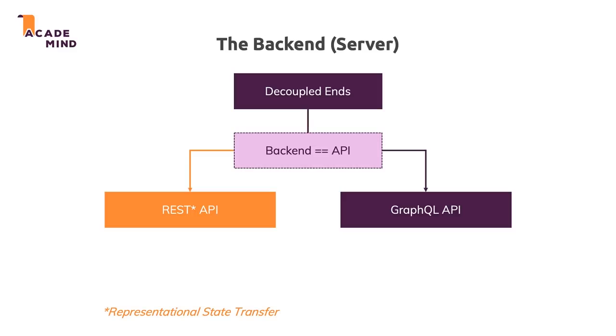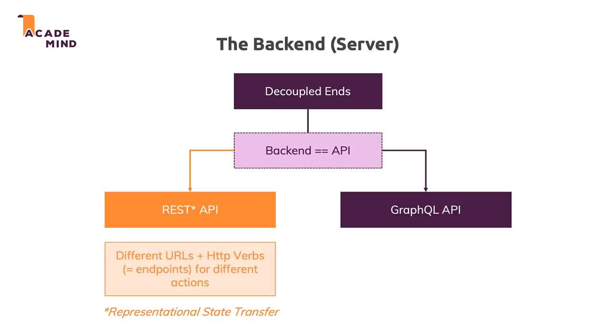Now, they work differently when it comes to how requests are received or how requests which are sent to the API should be formatted. A REST API, which is by far the most common and used form of backend web API, uses a combination of different URLs or paths, which are the things after the domain, and HTTP verbs, which is this get, post, patch, delete thing you might have heard of, to build so-called endpoints which trigger different actions.